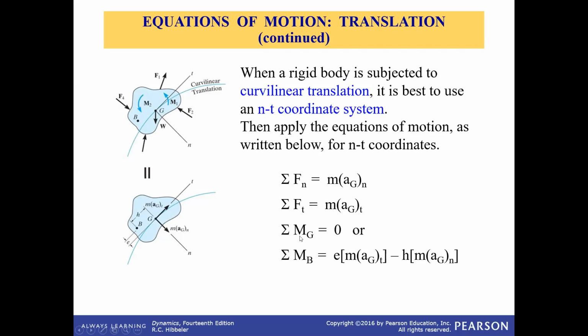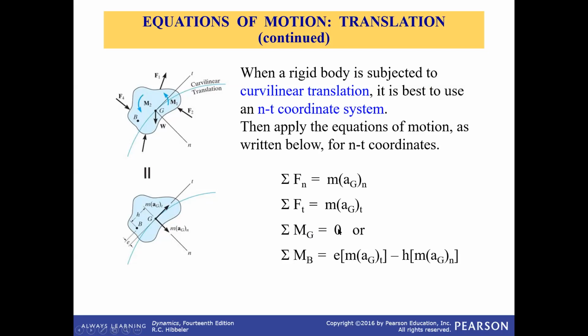And you could have net moment equal to 0 if your axis of rotation happens to be through the center of mass. Then this is a curvilinear translation, there's no rotational motion on the object, so that's equal to 0.